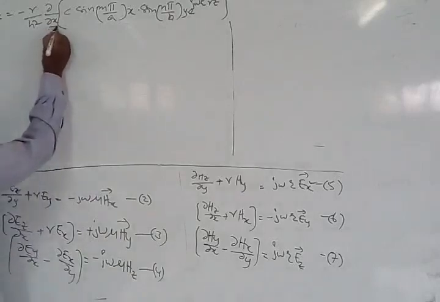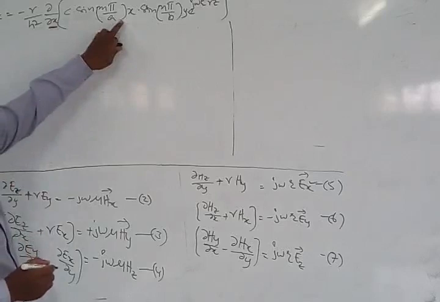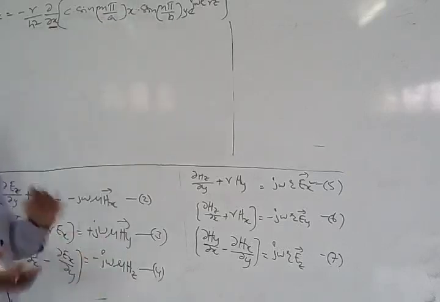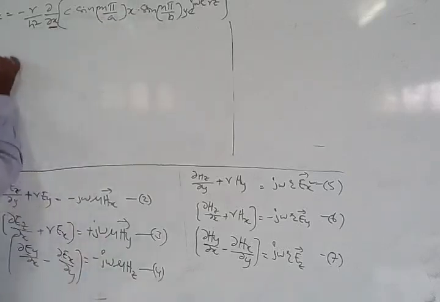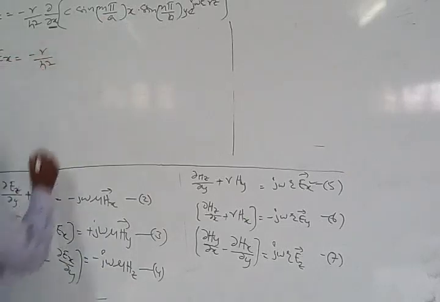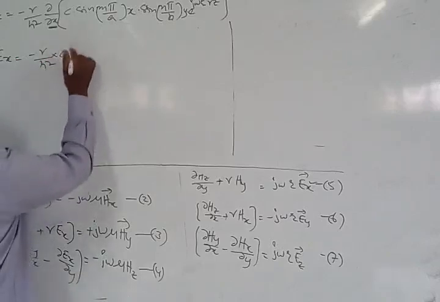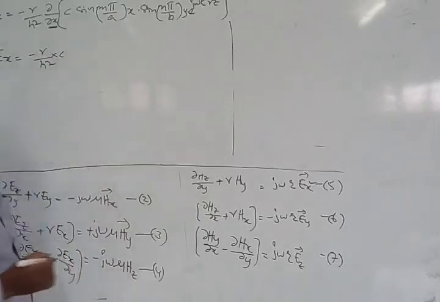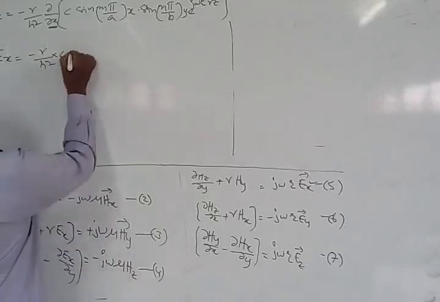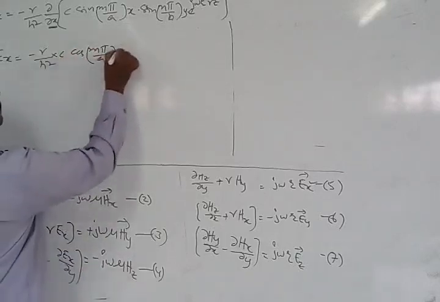Now this is partially differentiating with respect to x. So where is the x I have? All the rest of them are going to be constants. We will simply take them outside. So therefore Ex becomes equal to minus gamma by h square. C anyway is a constant, we will take it outside. And what is the differentiation of sine? It is going to be cos. So therefore cos m pi by a into x.